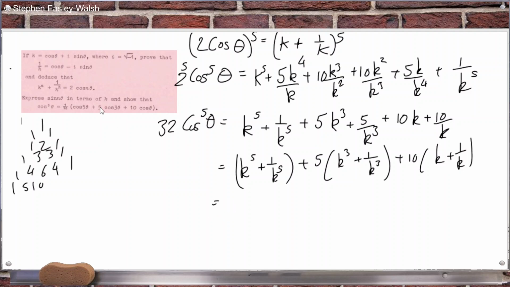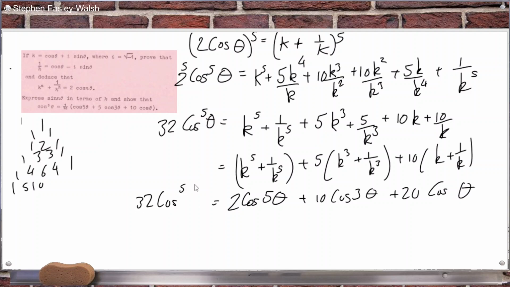Well, we can see here it's exactly this formula again when n is 5. So that one there is going to be 2 cos 5 theta, and then this will be 10 cos 3 theta, and that one's 20 cos theta, and that's 32 cos^5 theta.